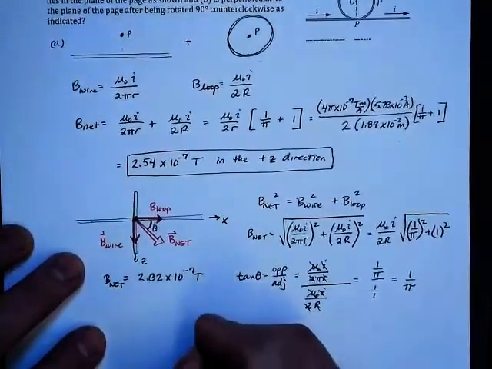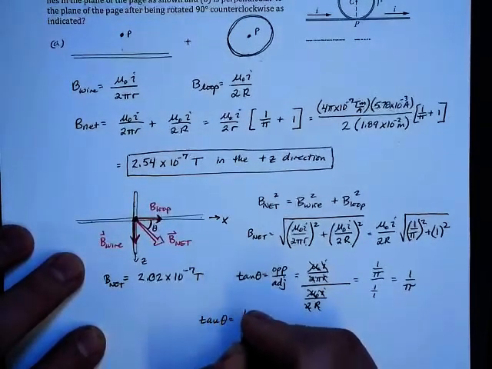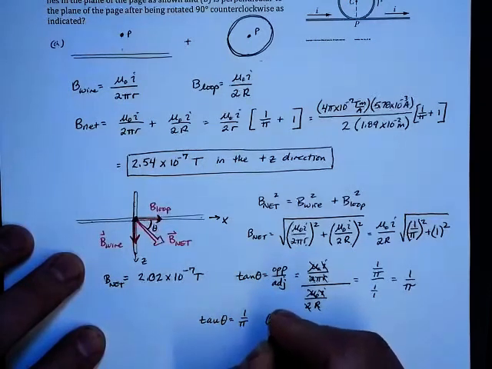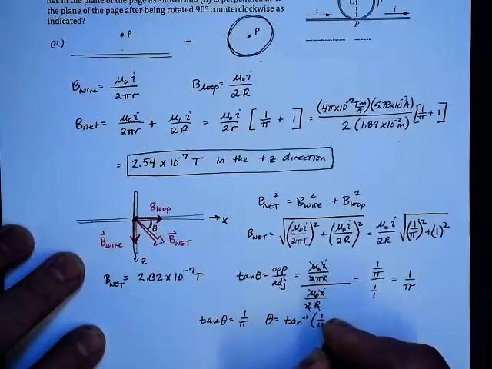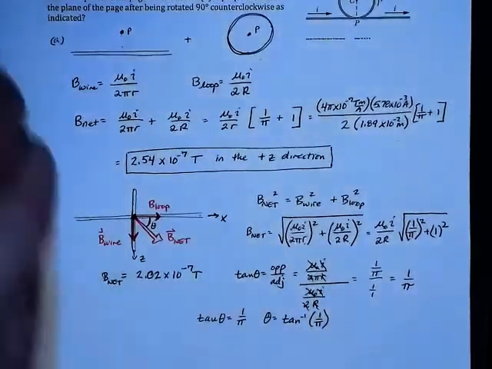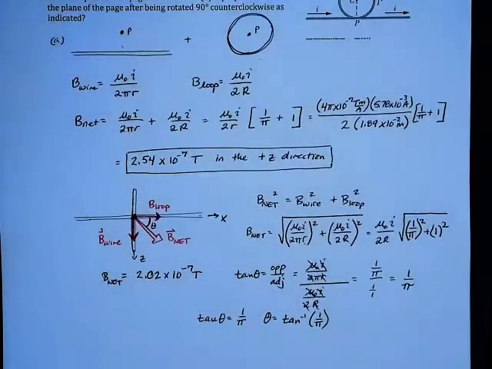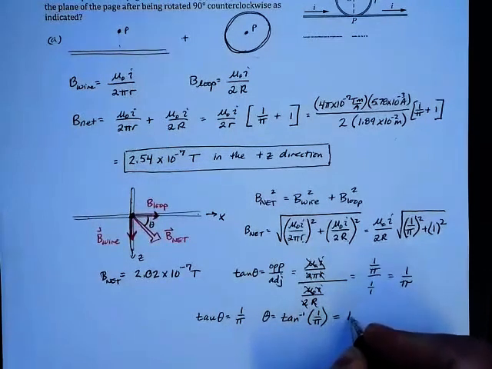So if I say the tangent of theta is 1 over pi, then theta is the inverse tan of 1 over pi. Pull out a calculator and see what that ends up being. Inverse tangent of pi to the power of negative 1 gives me 17.7 degrees.